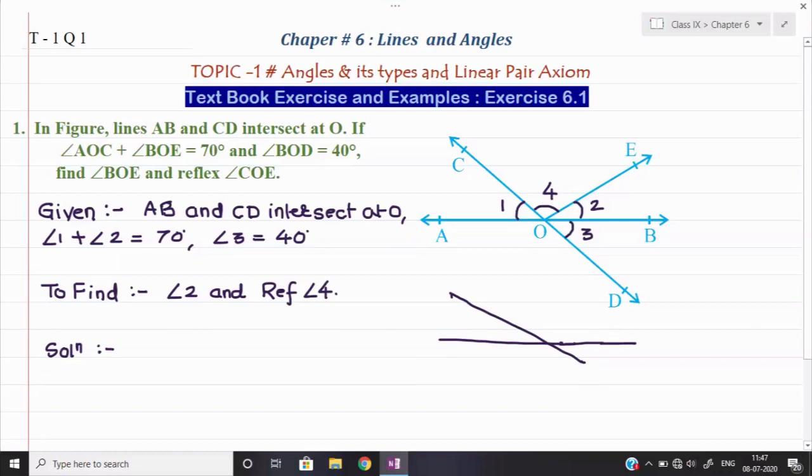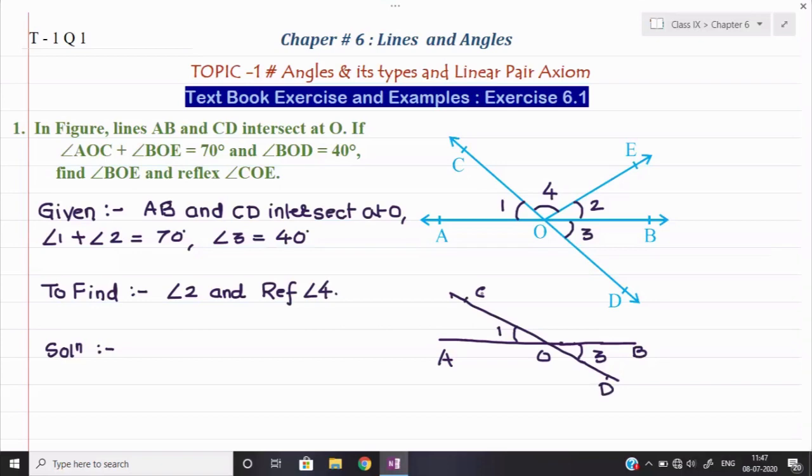Okay, and like this. See, here somewhere angle 1 lies, and here lies angle number 3. This point is your A, this is your O, this is your point B, and down here comes point D, and this is point C. I have not drawn OE right now. Whenever it is required, we shall draw it.